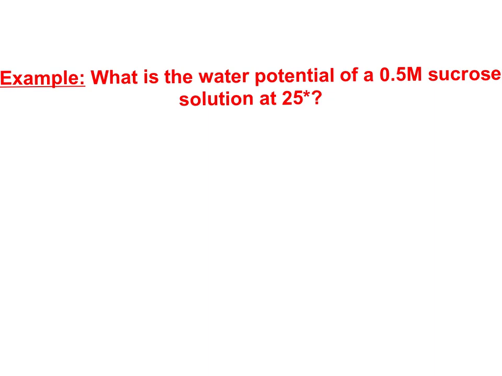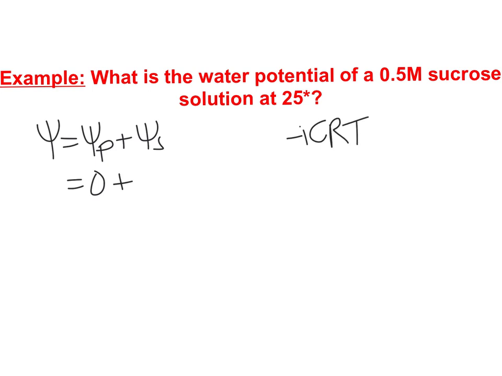All right, here we go. I know water potential is made of pressure potential plus solute potential. I see nothing here about pressure potential, so I know that that value will be 0. I now need to find my solute potential, negative ICRT.